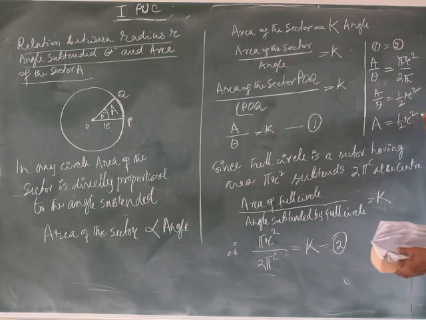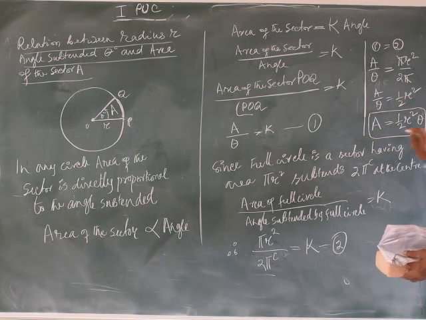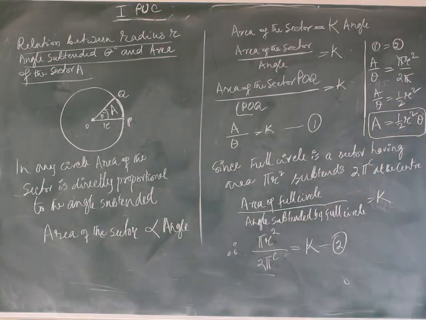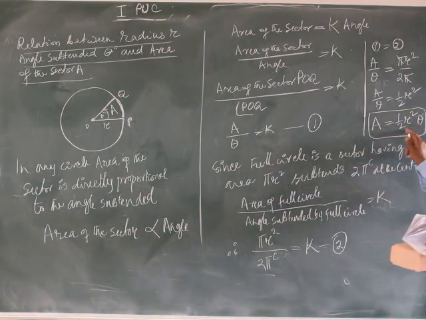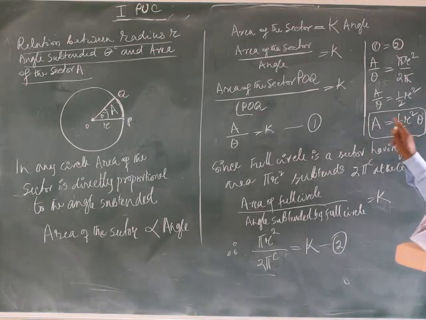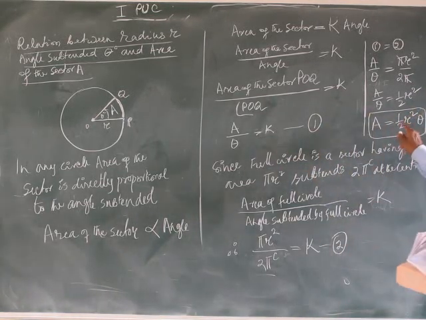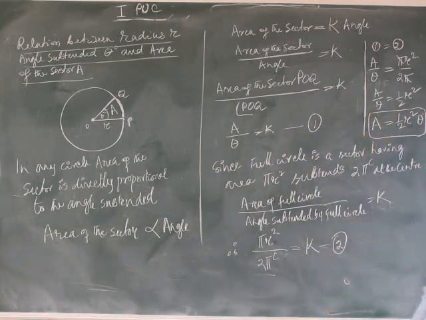Bring this theta to the right hand side. This is very important relation between area, radius, angle. In any sector, knowing radius and theta you can find the area. Knowing area and radius you can find theta. Knowing area and theta you can find the radius. Among these three quantities, knowing any two, you can find the third one.